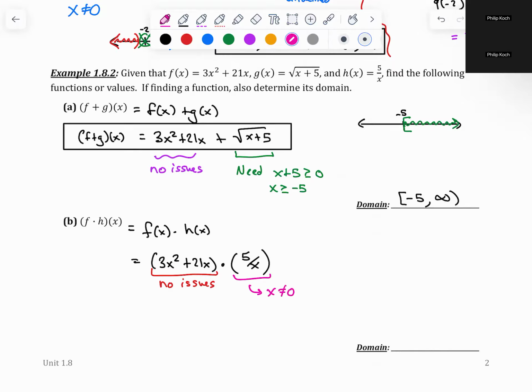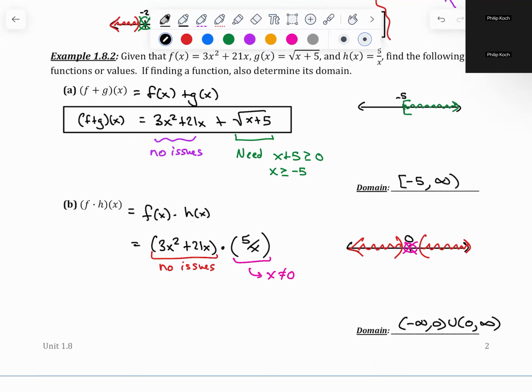So that's our only issue. So on a number line, if you need to draw it, it would look like this. Don't draw it if you don't need it. But 0 has to be plucked out, but everything else is fair game. So that's going to be domain is negative infinity to 0, union 0 to positive infinity.